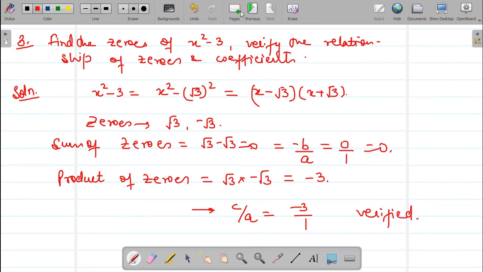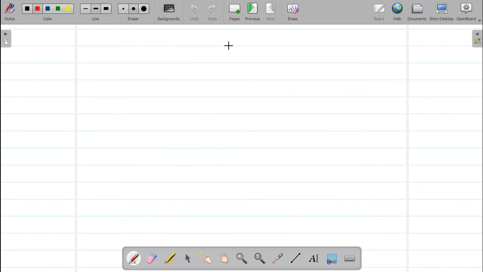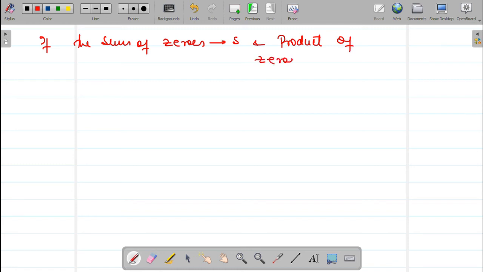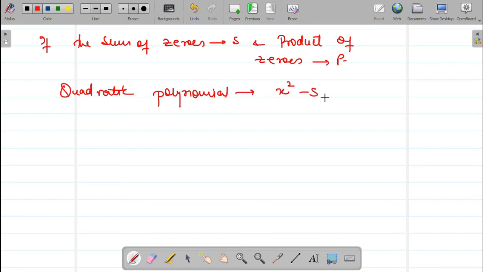Now the next type of question can be, students, that if we have the sum and product given to us. For example, if the sum of zeros is given to be s and the product of zeros is given to be p, then my quadratic polynomial should be, in this case, x square minus sx plus p.